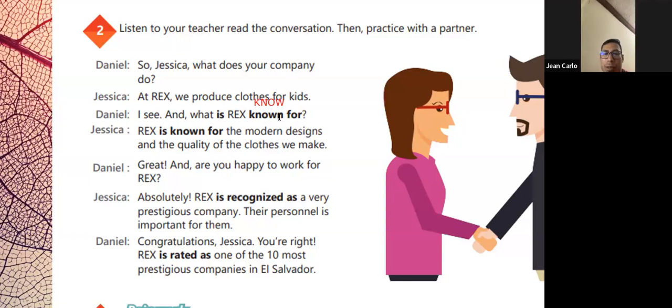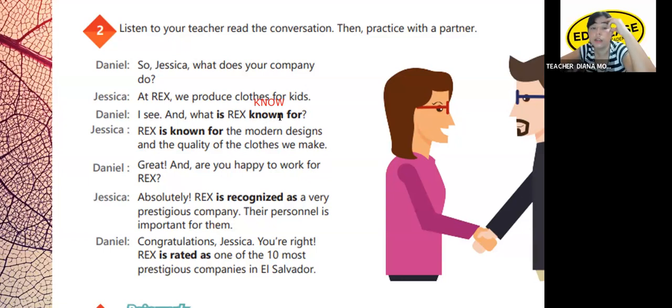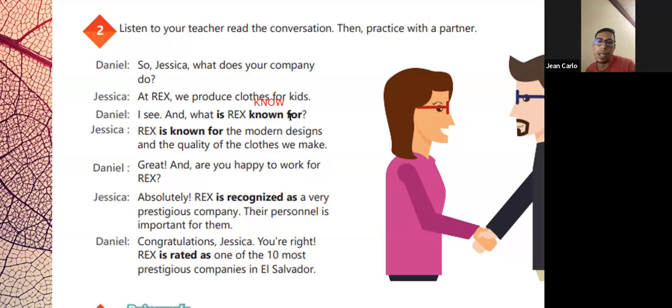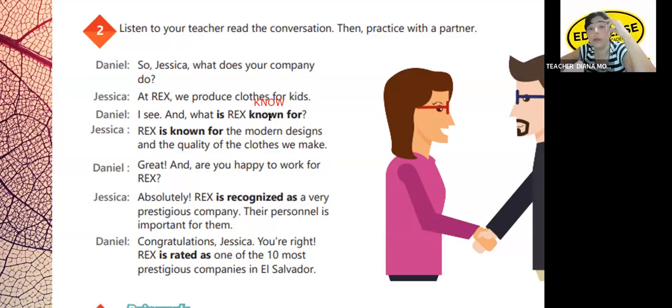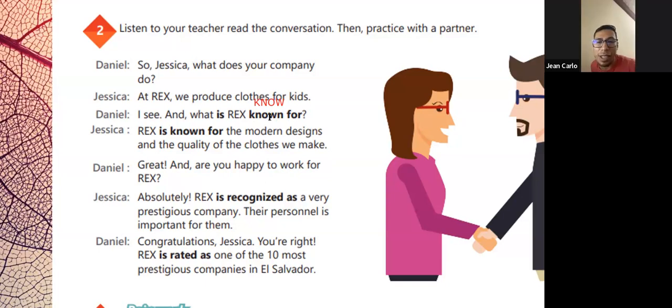Conocido, haber conocido. Okay. So you see. When you use have, you can use the past participle. Okay. When you use the present perfect, correct? Yes, the present perfect.